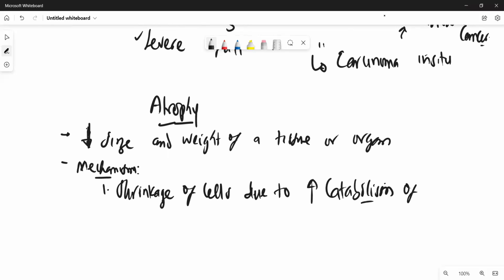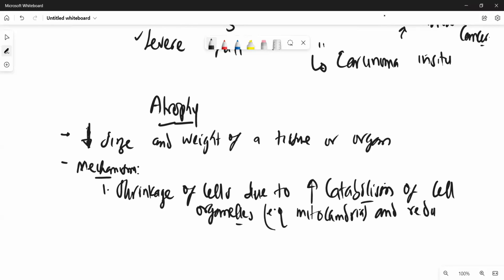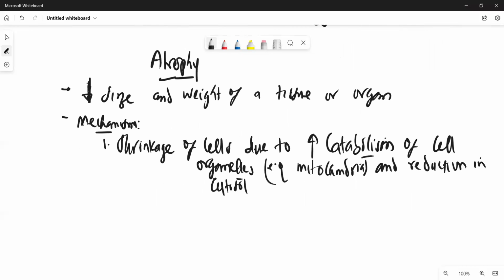So catabolism means breakdown, and anabolism means you're building it up, right? So shrinkage of cells due to increased catabolism of cell organelles, e.g., maybe like mitochondria. And as a result of that, there has to be reduction of cytosol. So that's a classic example.